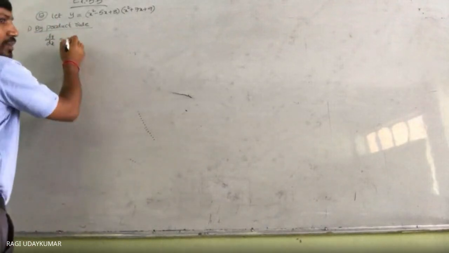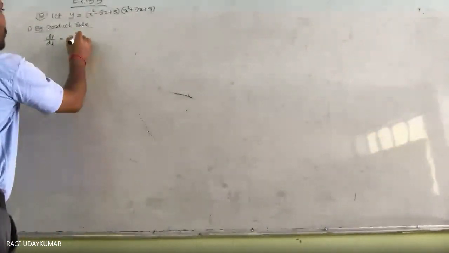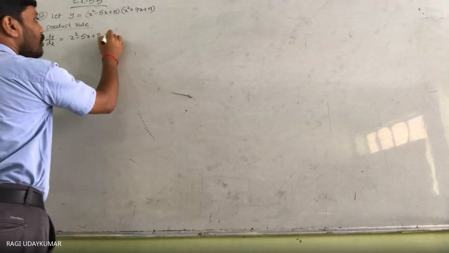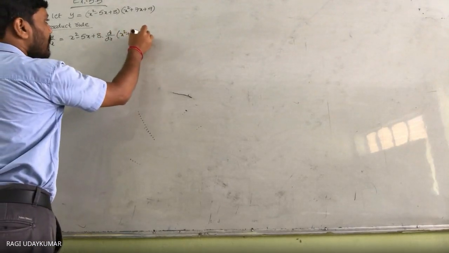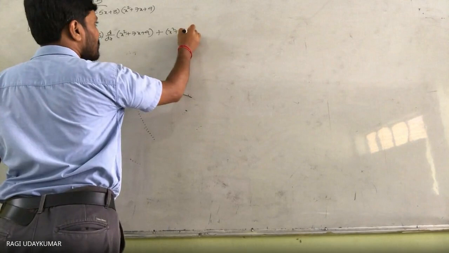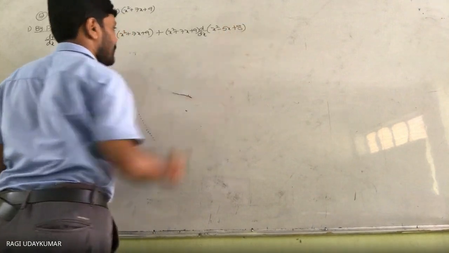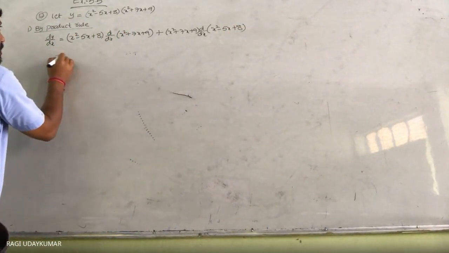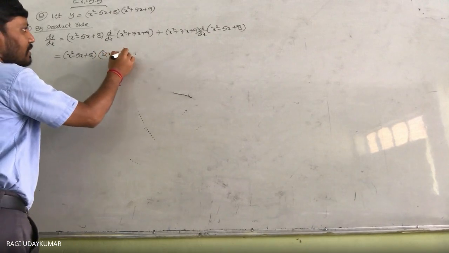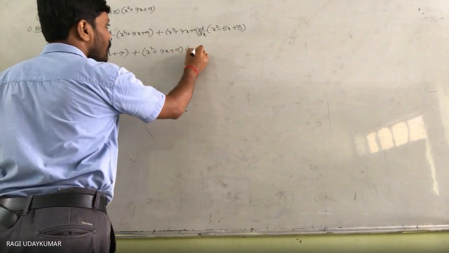This is equals to x square minus 5x plus 8 into d by dx of x square plus 7x plus 9, plus x square plus 7x plus 9 into d by dx of x square minus 5x plus 8, which is equals to, so what do you get here? x square minus 5x plus 8, here we'll get 2x plus 7, plus x square plus 7x plus 9 into 2x minus 5.